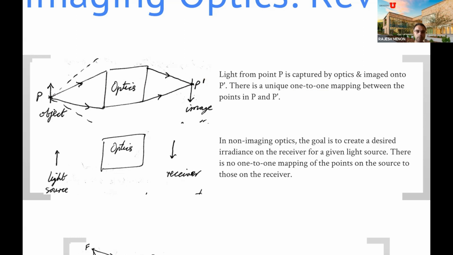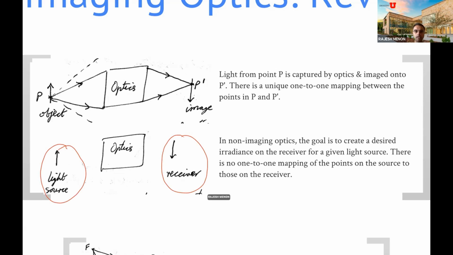In non-imaging optics, on the other hand, this one-to-one mapping is not necessary. The goal in non-imaging optics is to create a desired irradiance, which is power density, on the receiver from a given light source. So in non-imaging optics, we have a light source and we want to transfer the energy to a receiver.